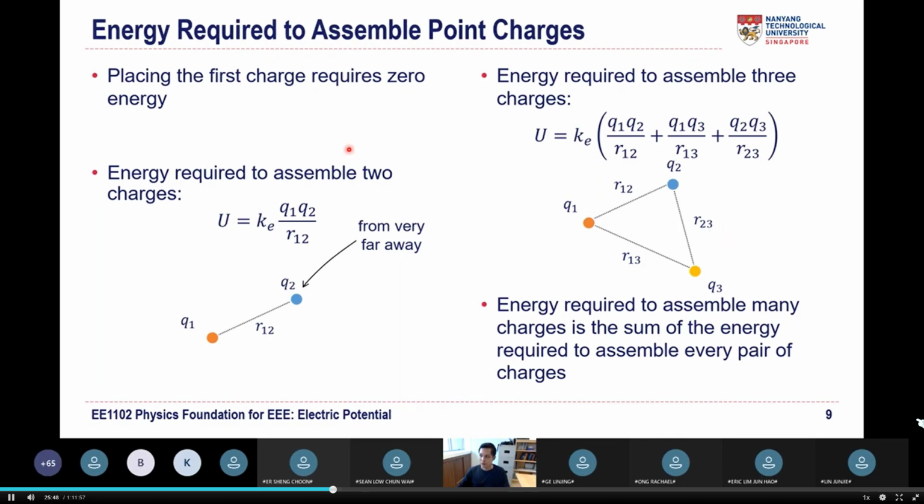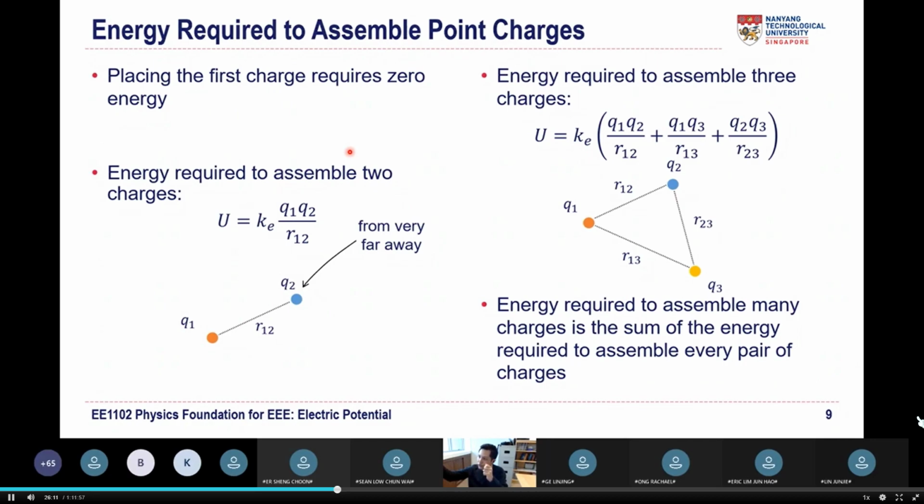So the electric potential we were talking about is like, if you already have a charge, how much energy is required in order to bring in another charge. This is how the electric potential is related, right? Because the existing charge already produces an electric field.